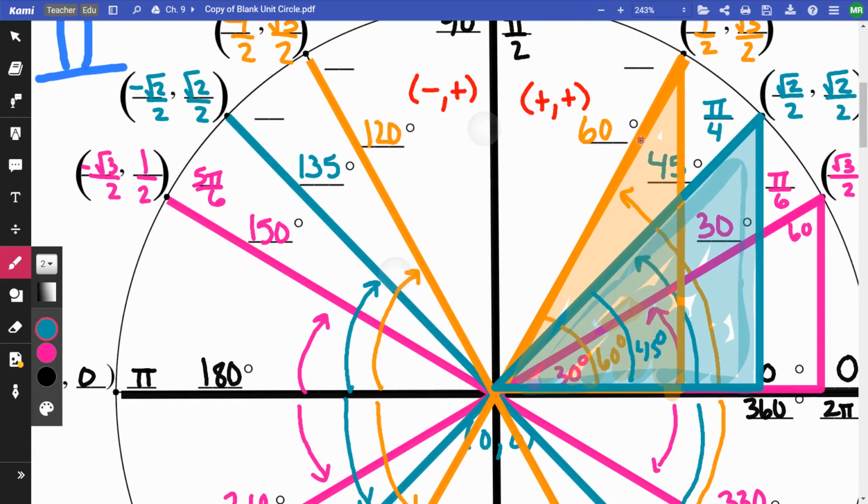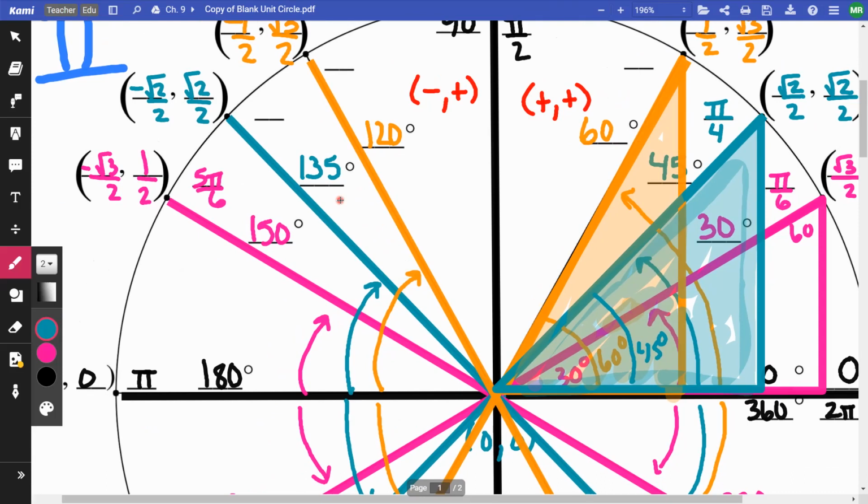Now, if I'm in this quadrant over here, again, I'm going to think of pi as 4 pi over 4, because I'm dealing with fourths. 4 over 4 is a whole. So if I'm a pi over 4 short of this, I'm going to be at 3 pi over 4.